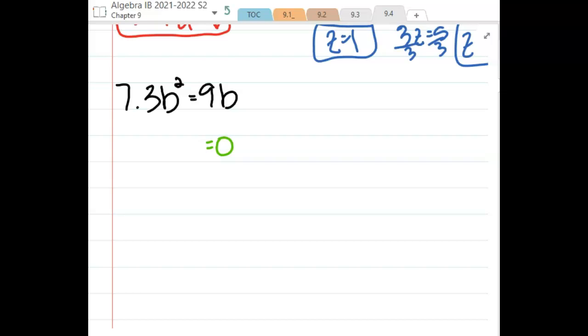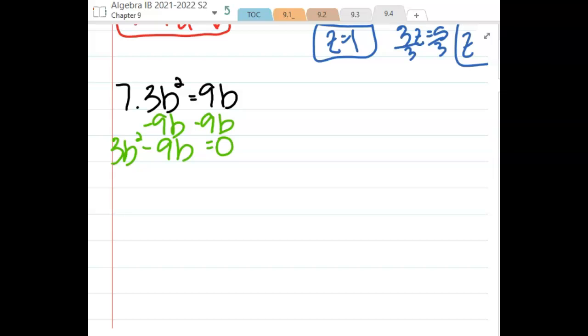It's already positive. So I need to move the 9b over. So I'm going to subtract 9b from both sides. Now be careful here. 3b squared minus 9b, are those like terms? No, one's a b squared, one's a b. They're not like terms. So you have to leave it 3b squared minus 9b.